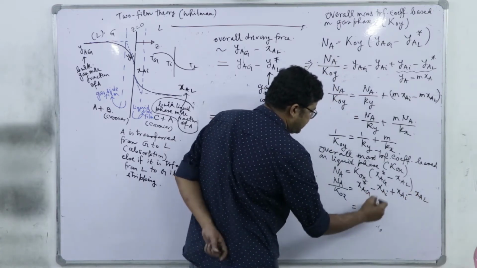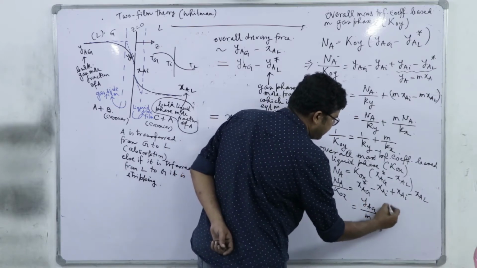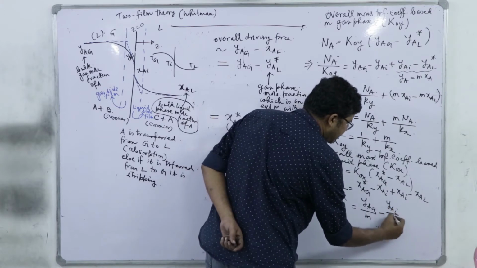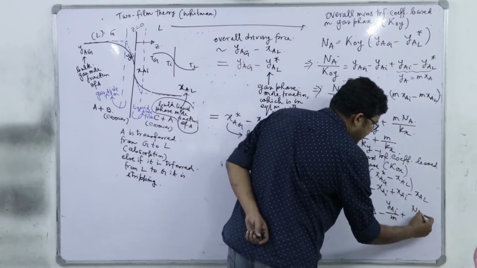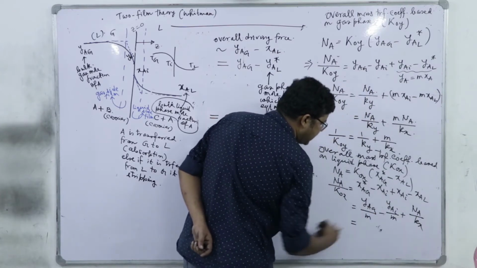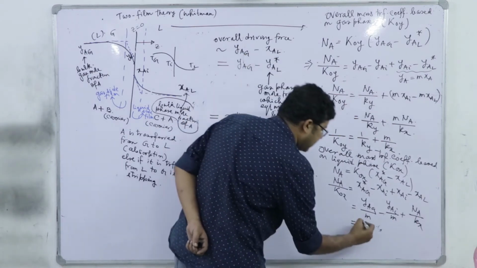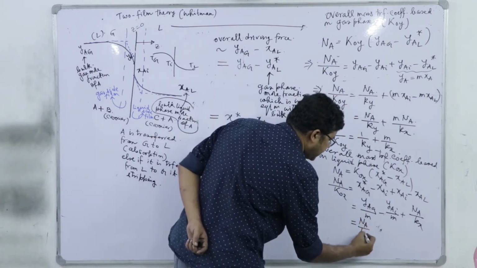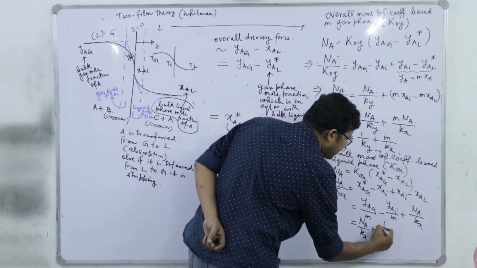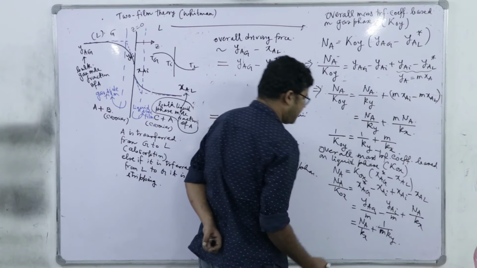So, this we can write as yag by m minus yai by m plus Na by kx. So, yag minus yai is equal to Na by ky. So, here we can write Na by kx plus 1 divided by m into ky, right.